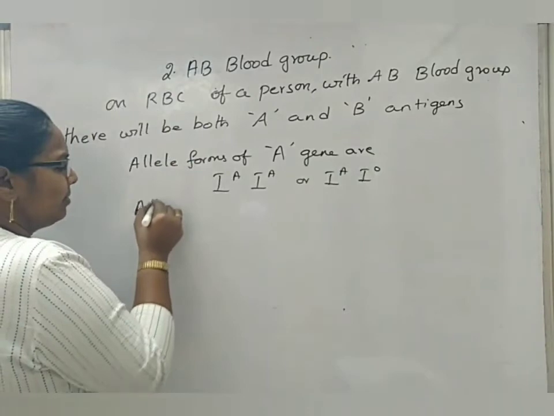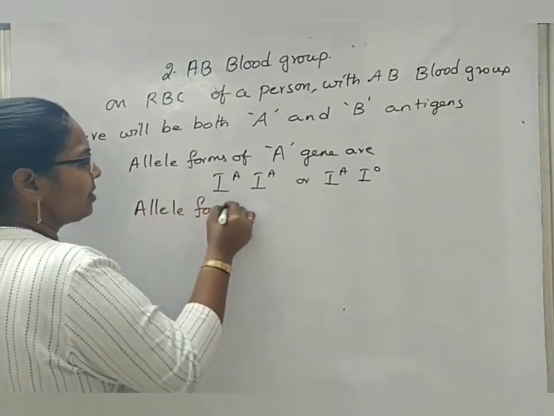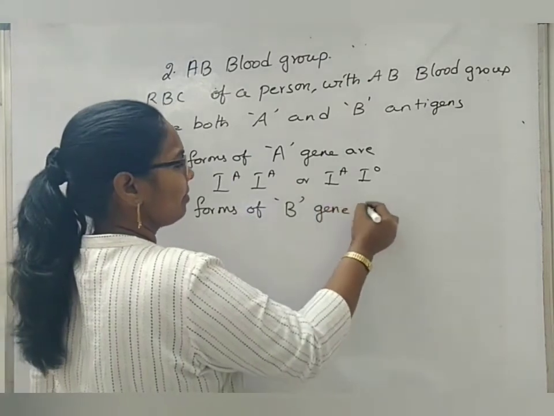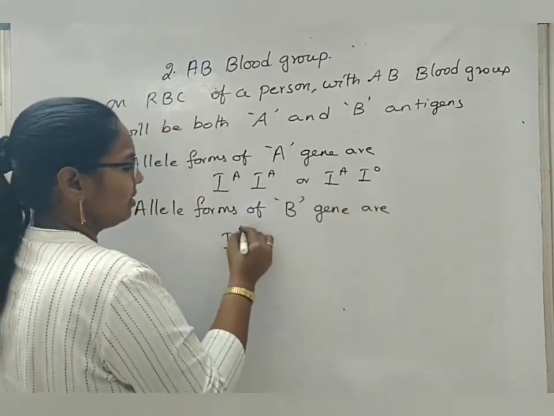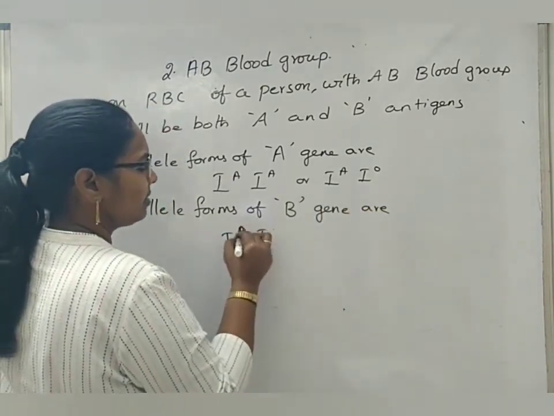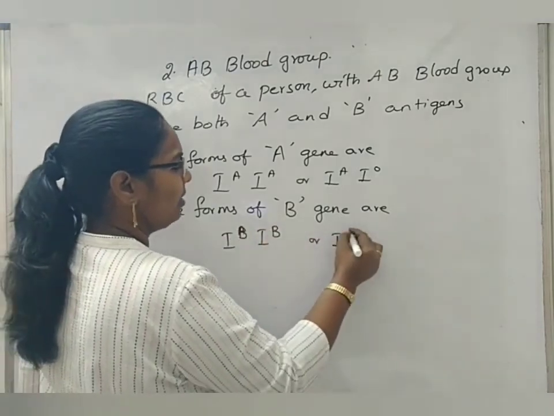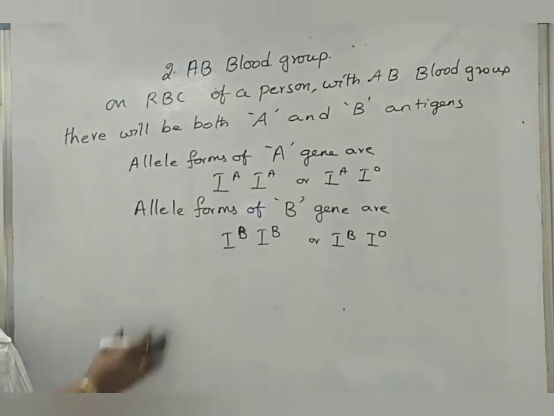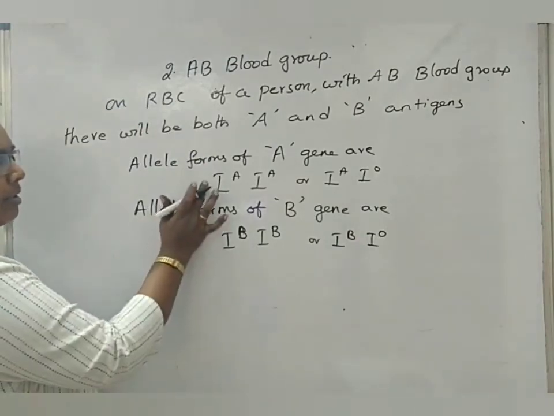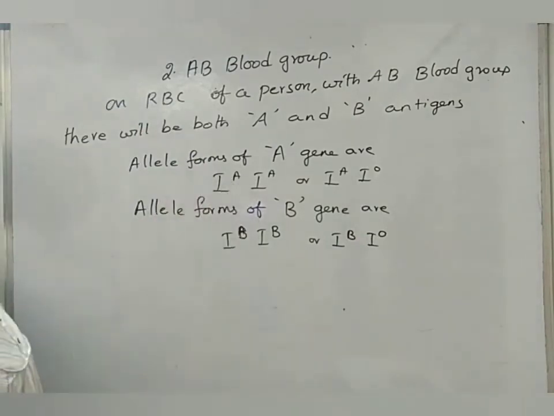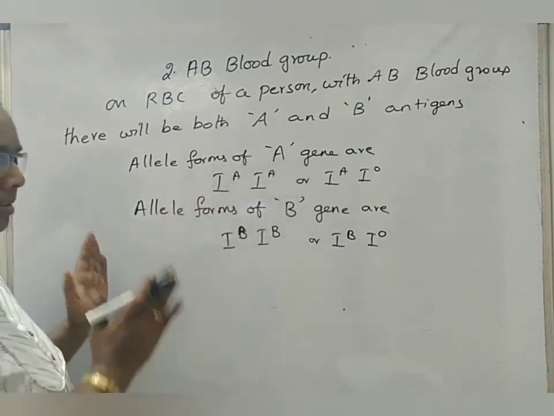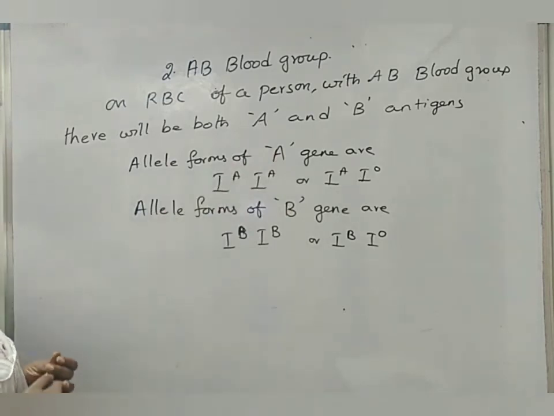In the same way, the allele forms of the blood group B gene can be homozygous or heterozygous. But when both antigens are present on the same RBC, since both are of a dominant type, when they are side by side, both get expressed.